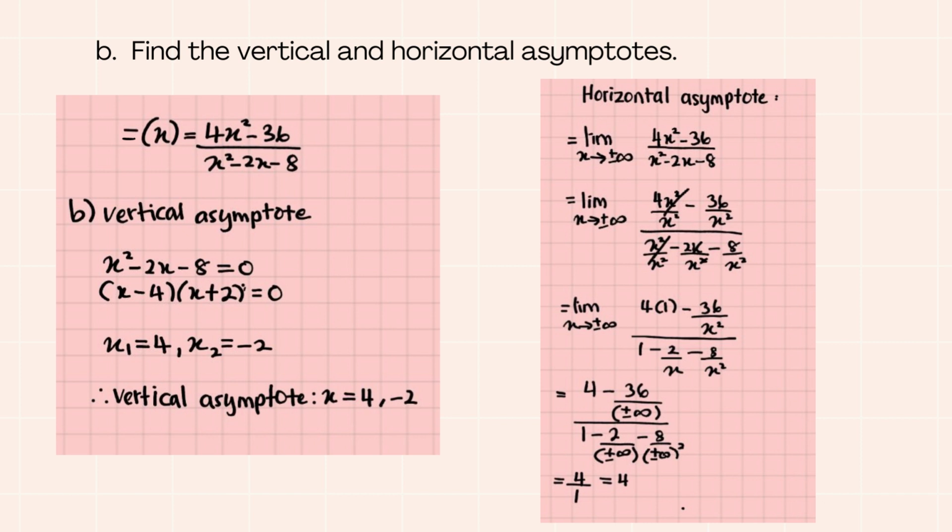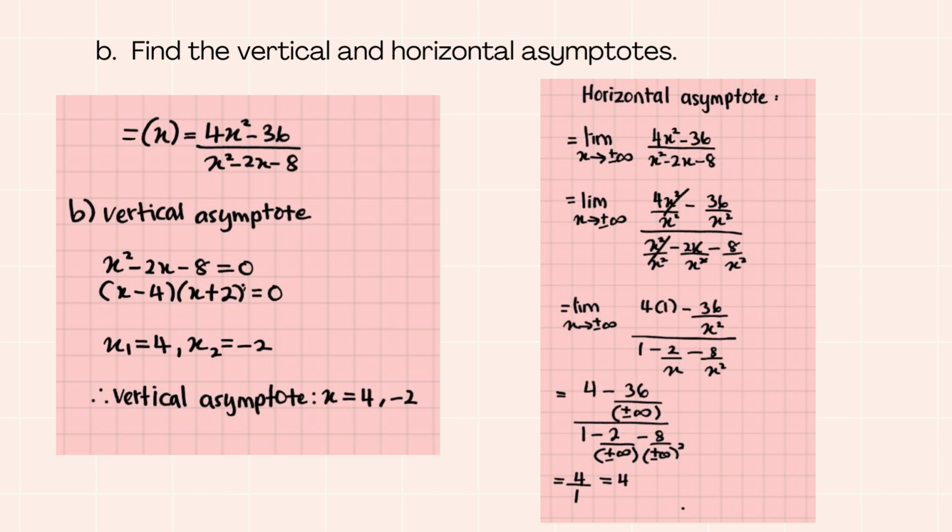For the horizontal asymptote, what we have to do is a bit complicated, but it's actually easy if you practice more. What you have to do is make sure that you put the limit as x heading to infinity, and for this part you have to search for the highest power of the denominator.